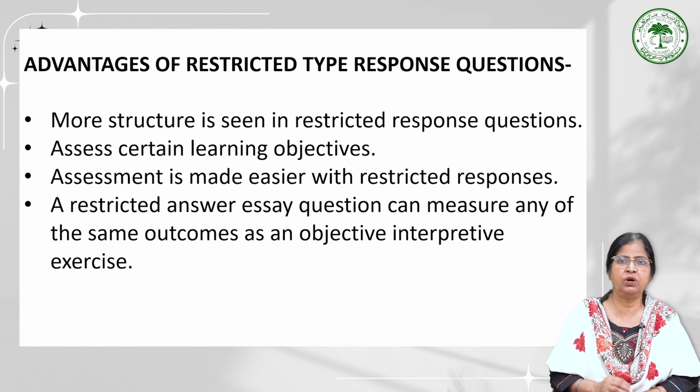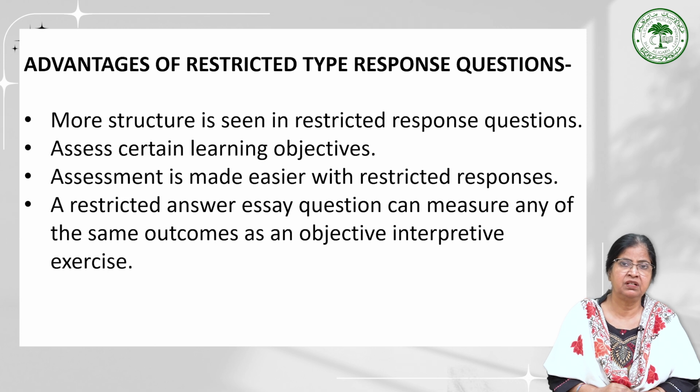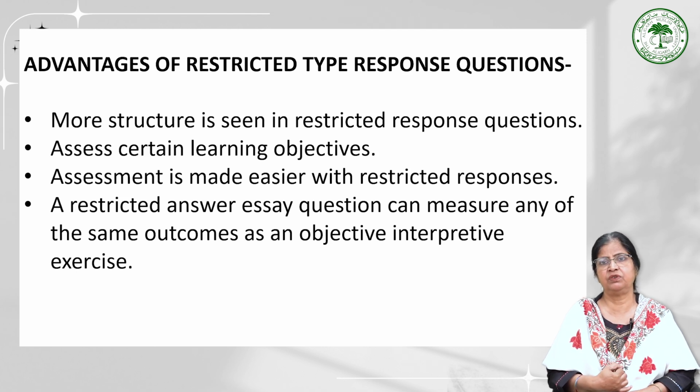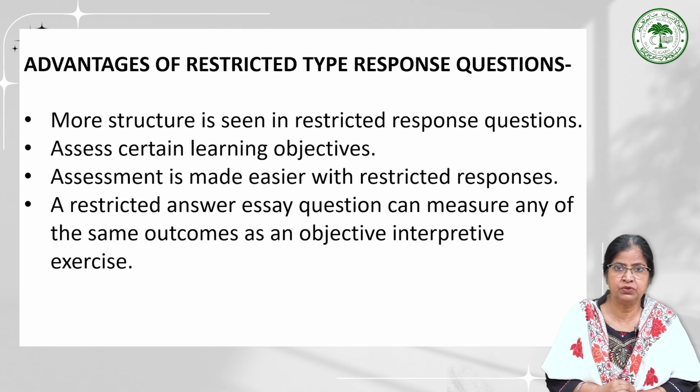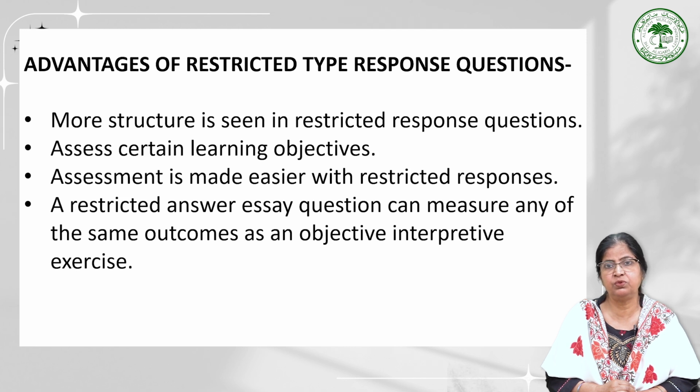So, we want to assess a few objectives as per Bloom's taxonomy: we want to check the knowledge, the understanding, the analysis, synthesis and higher order skills of the students, and we also want to check how much interest the student has.